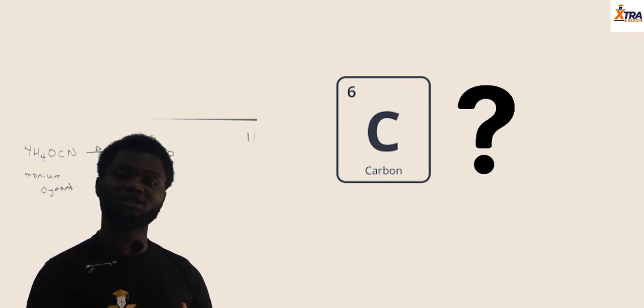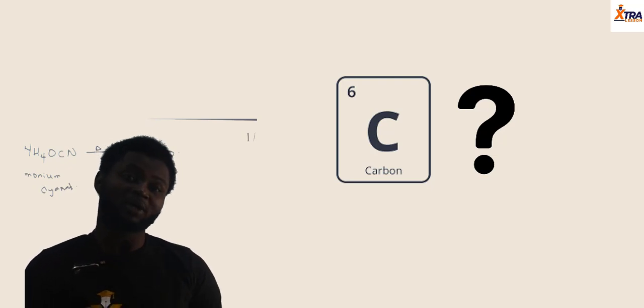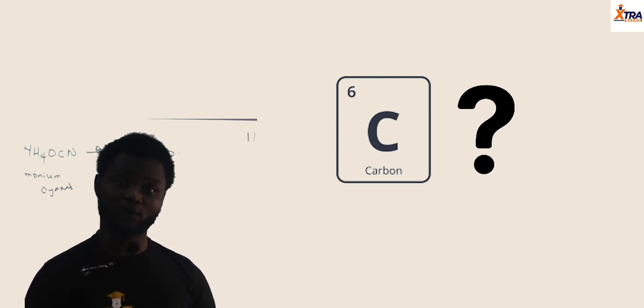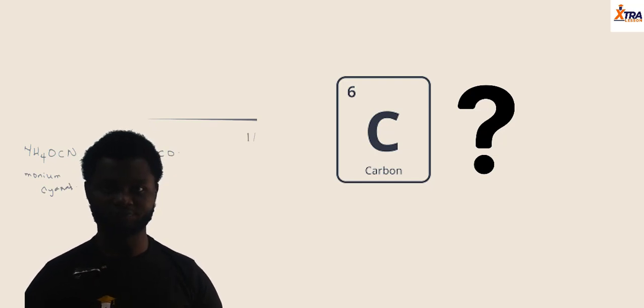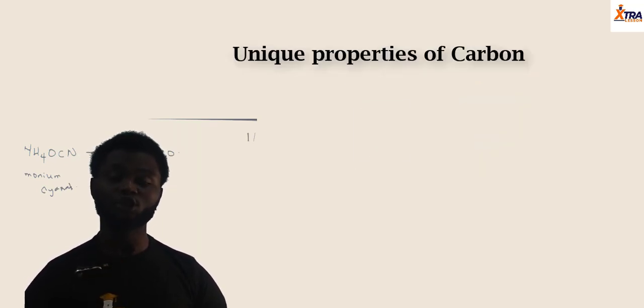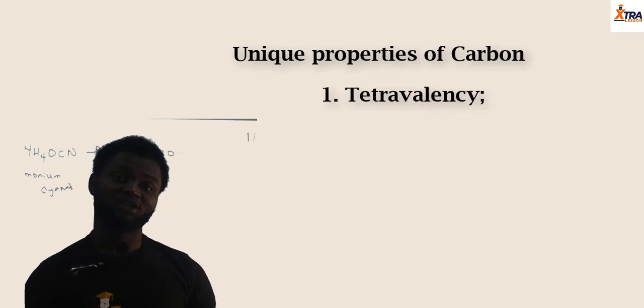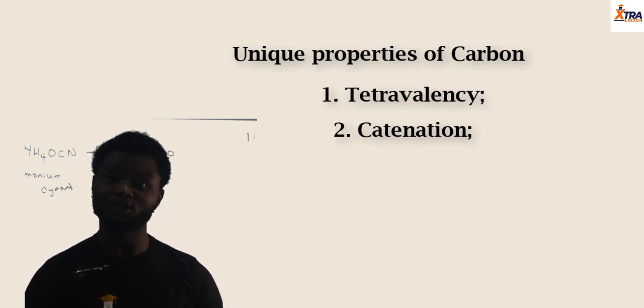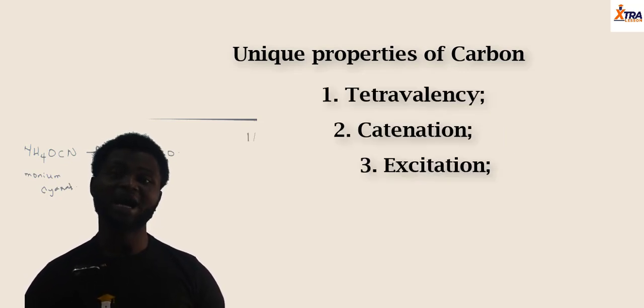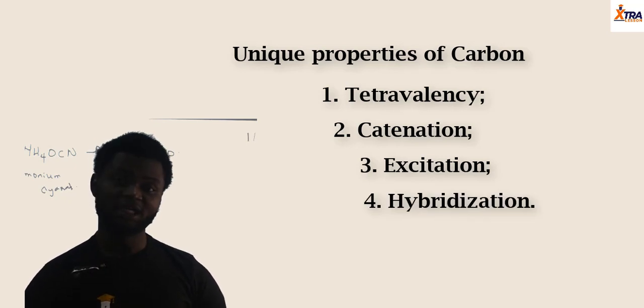So it made us carve out one of the four major branches we have at this stage, to the study of carbon compounds. These unique properties of carbon include tetravalency, catenation, excitation, and hybridization. Each of these will be discussed in separate lectures so we can have a full grasp of these concepts.